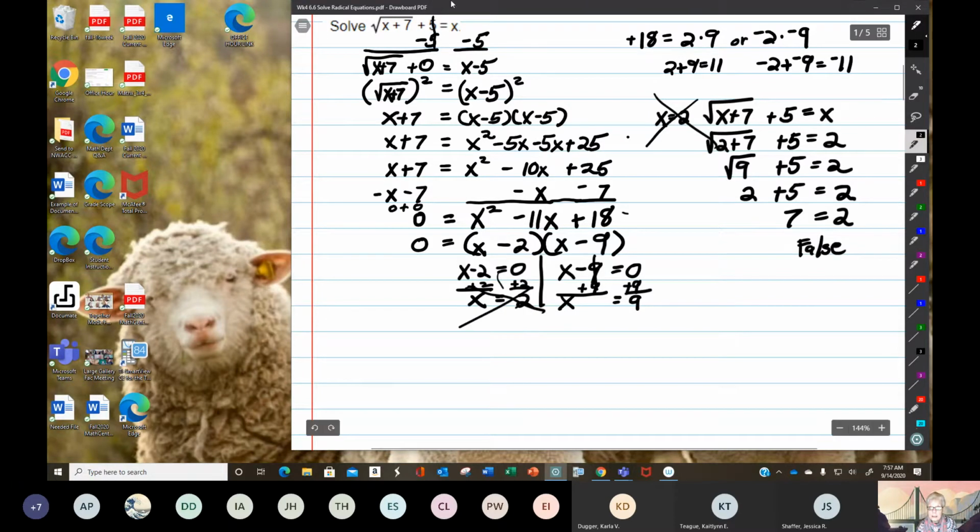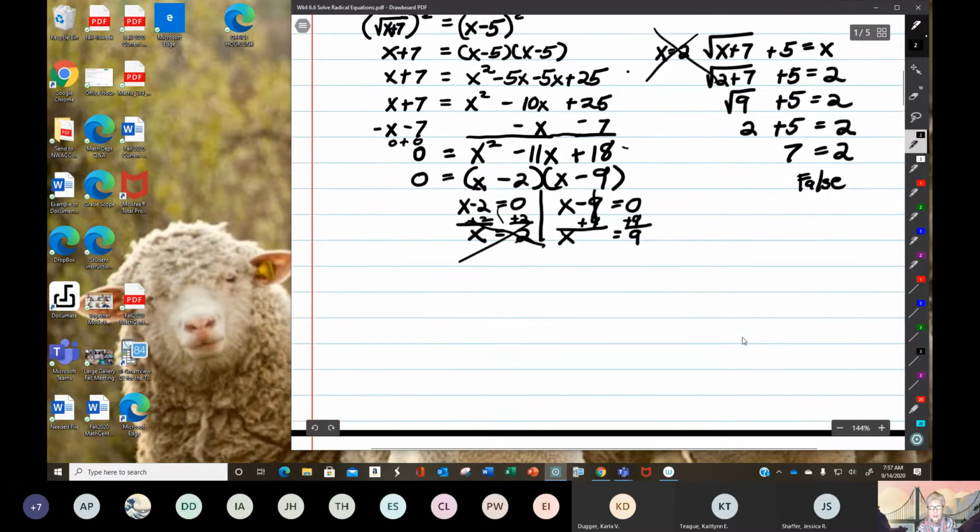So let us move on and check the other answer, which is x equals 9. Chances are it's true, or it'll give me a true, but that doesn't mean that it always will. So please do check both.